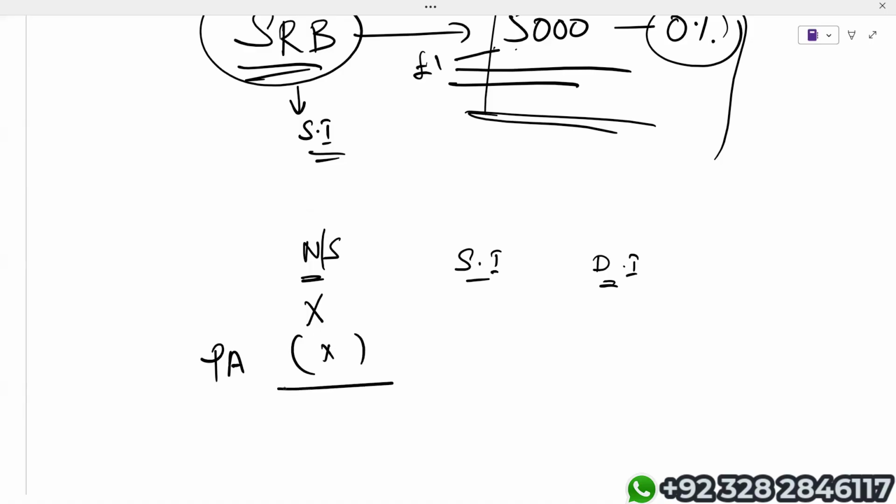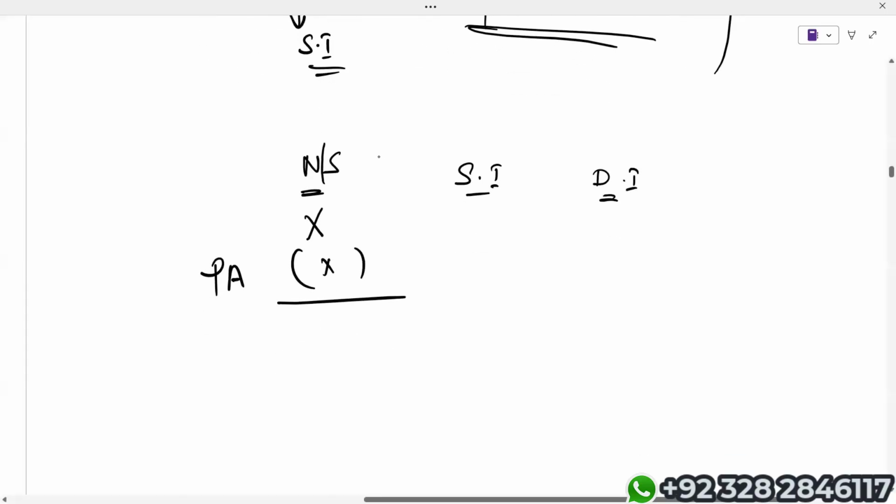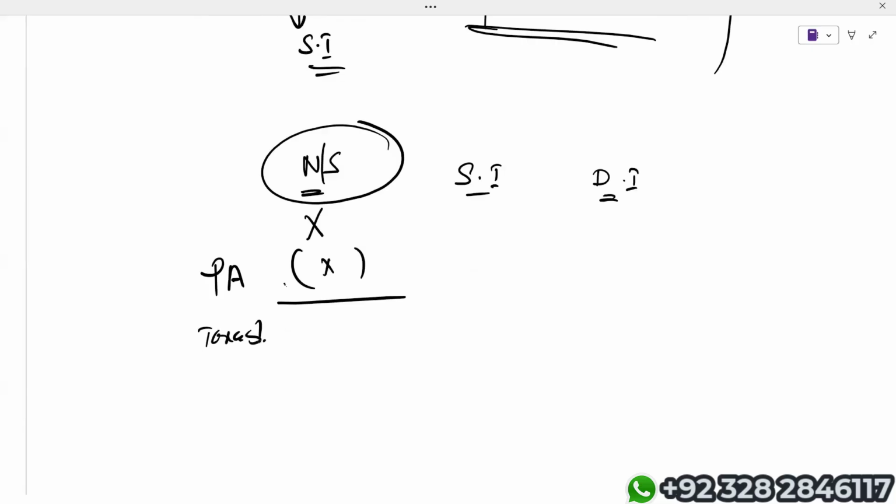Now listen to me carefully. In the column of non-saving, after deducting the personal allowance, if the taxable income is less than £5,000, then the starting rate band issue will apply.